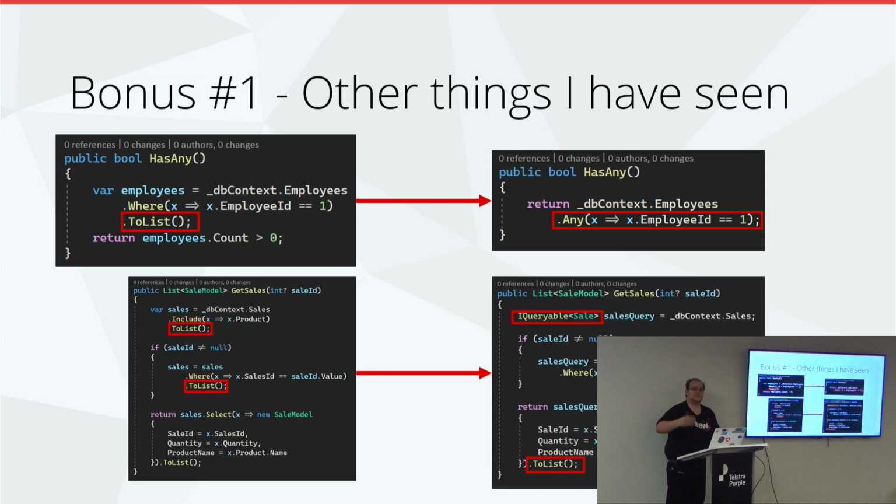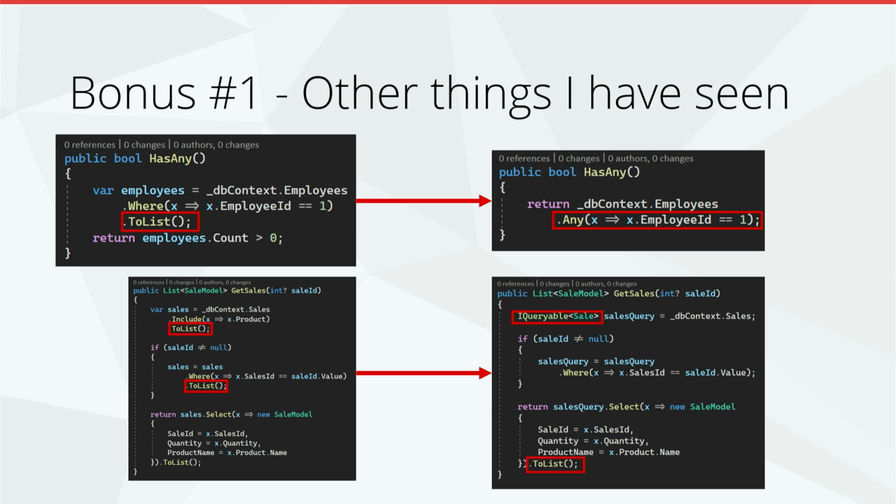IQueryable allows you to compose where clauses. So I have the query over there, and okay, if sale ID is not null, I'll attach this where clause as an additional condition to the query, and then at the end I'm going to do ToList. So do not download the entire database and filter it in memory.